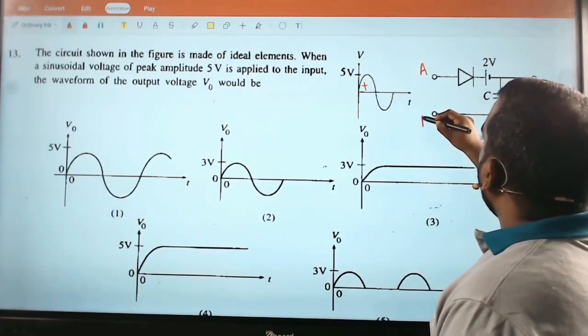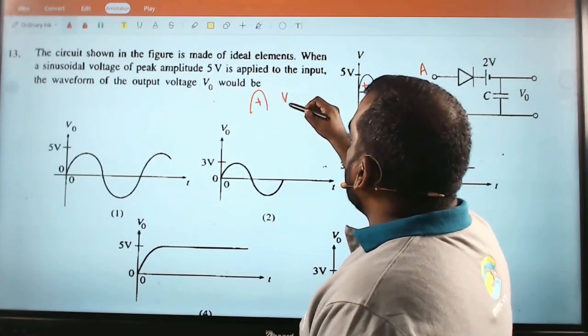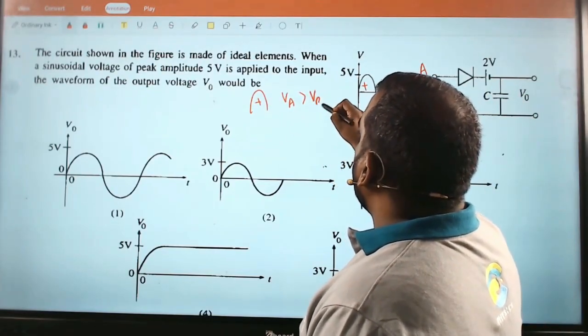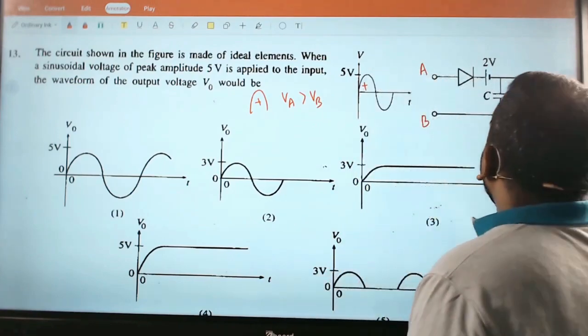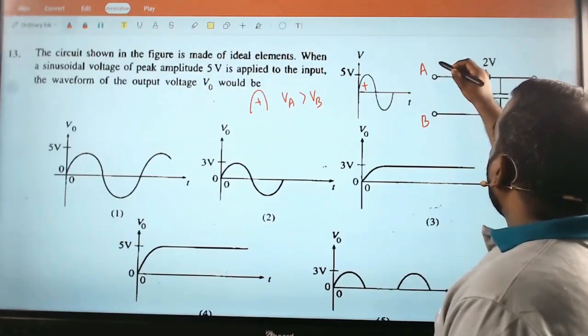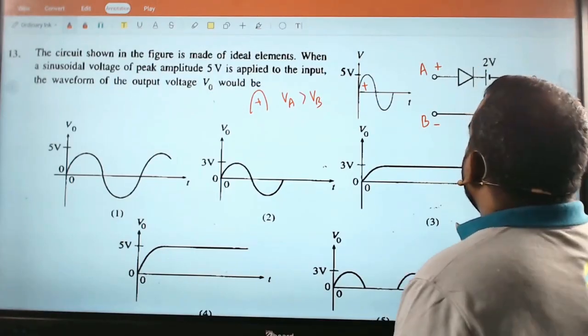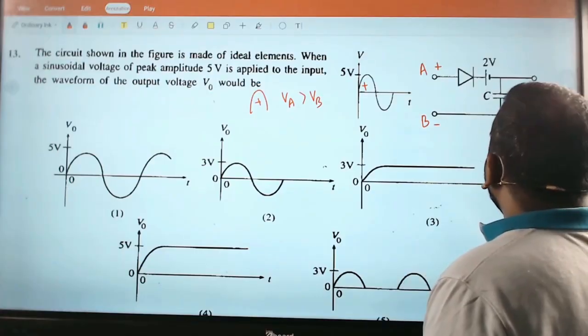High potential, low potential. So positive half comes in. Potential at A is greater than potential at B. That means forward bias. Imagine like that. Right. So what will happen if you apply here?